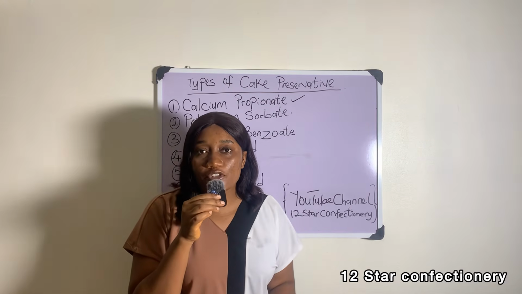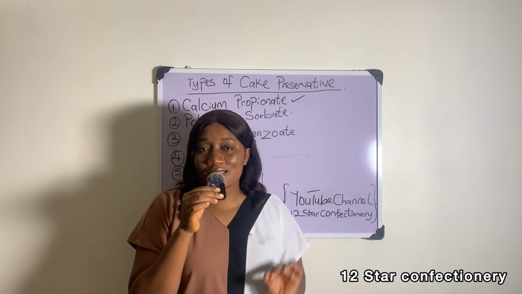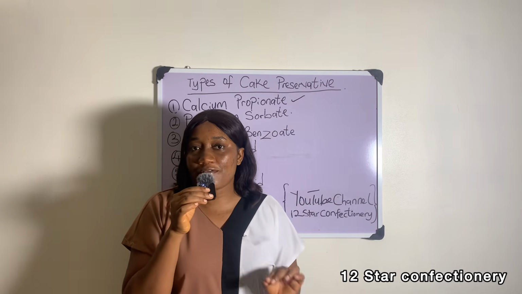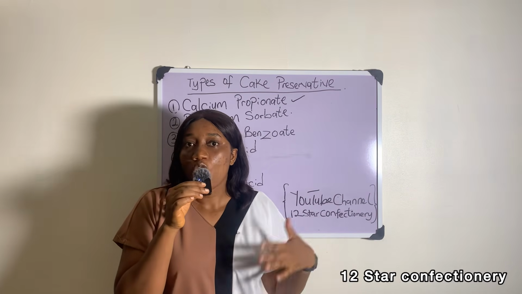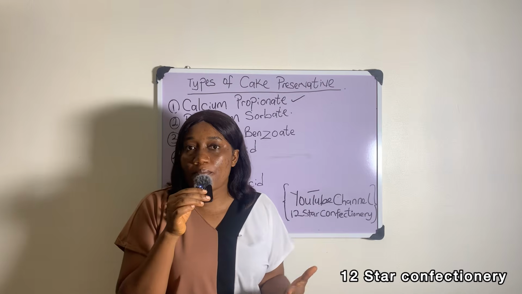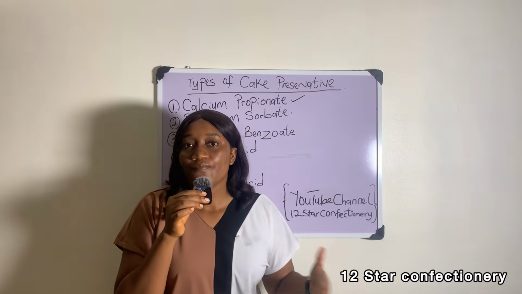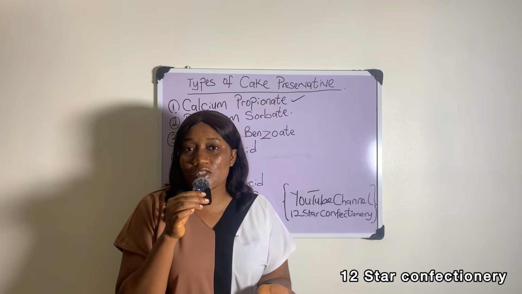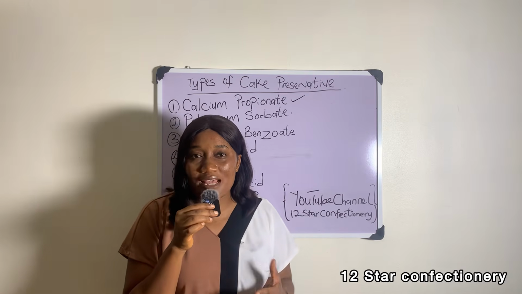Now, for 500 grams of flour, the preservative you need is 1.0 grams to 1.5 grams, but the recommended one is 1.0 grams, or if you like, you can also add 1.5 grams, but make sure you taste your cake, because if you add over, you would notice that your cake begins to taste very salty, it tastes soapy, and it can also make your cake grow stronger.